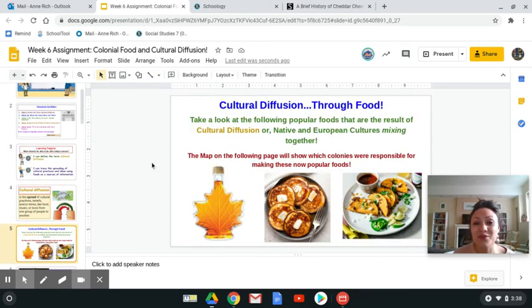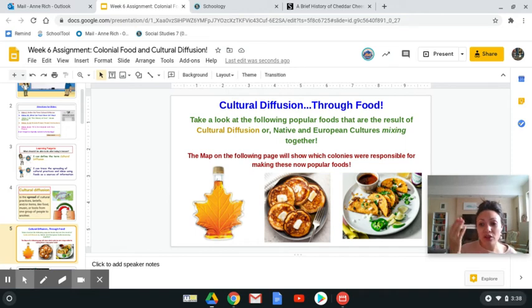Cultural diffusion is really easy to see in some of our favorite foods. Most of the foods that we eat are really the combination of different cultures coming together and spreading techniques, ideas, and food science. So there are a couple of popular foods that we still eat today that are the direct result of cultural diffusion.